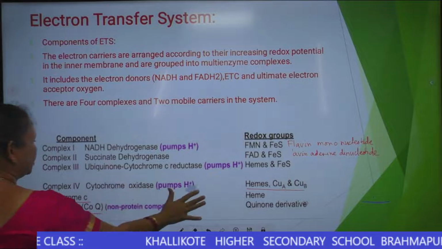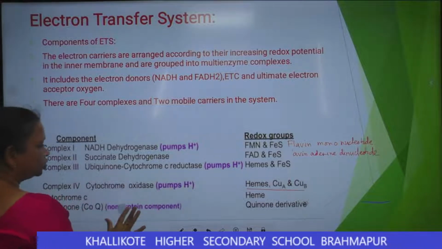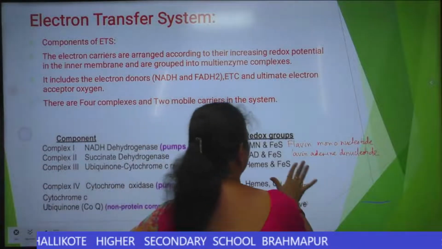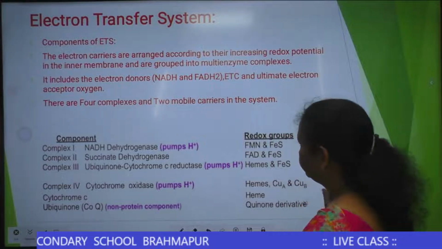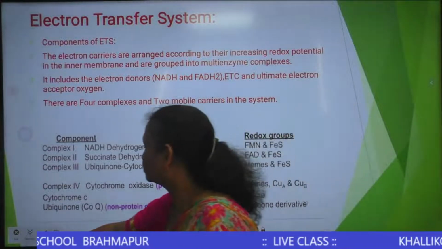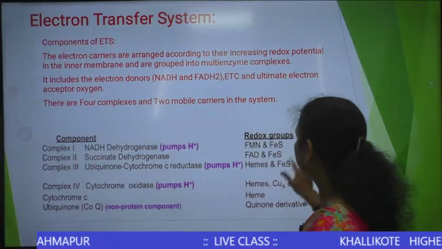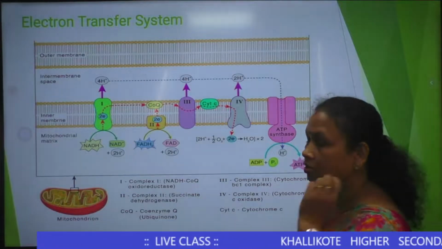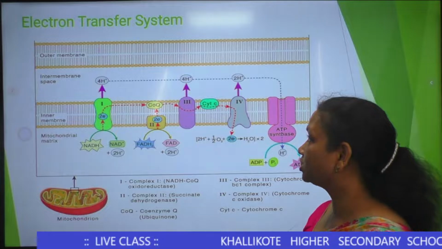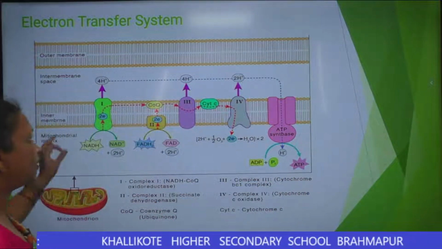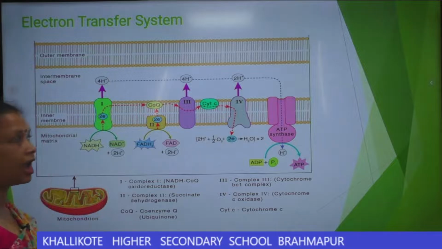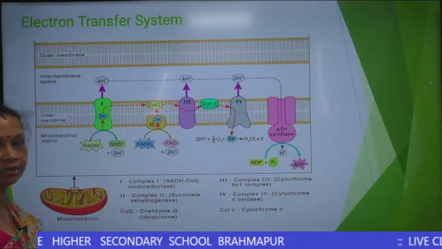So, we can have a look at the different arrangement of how these complexes are arranged in the membrane. Have a look at the electron transfer system. The upper part shows you the outer membrane of the mitochondria.